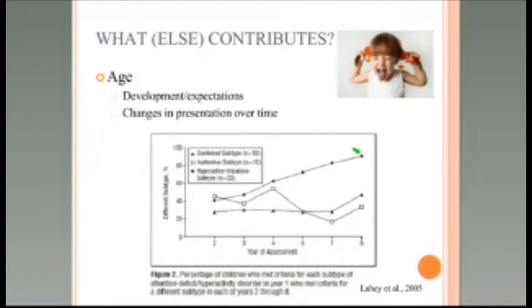So one of the challenges for diagnosis is that individuals do not demonstrate the same subtype consistently over time. They are going to present differently. And this is most common, as suggested by this figure, for those who initially present with the hyperactive impulsive only subtype. They are less likely to be hyperactive by adolescence and more likely to demonstrate inattention symptoms, bumping them more likely into that combined group.